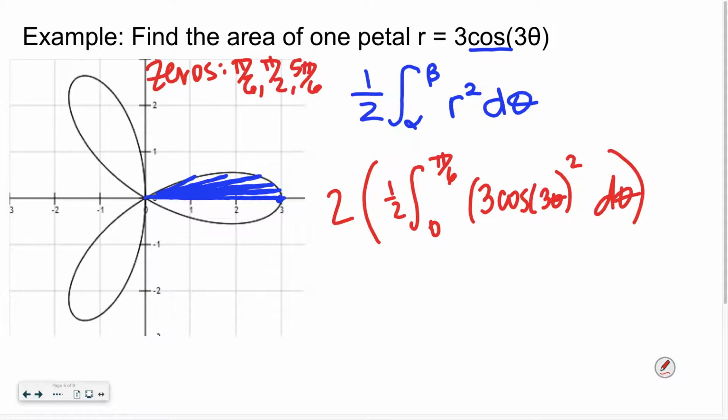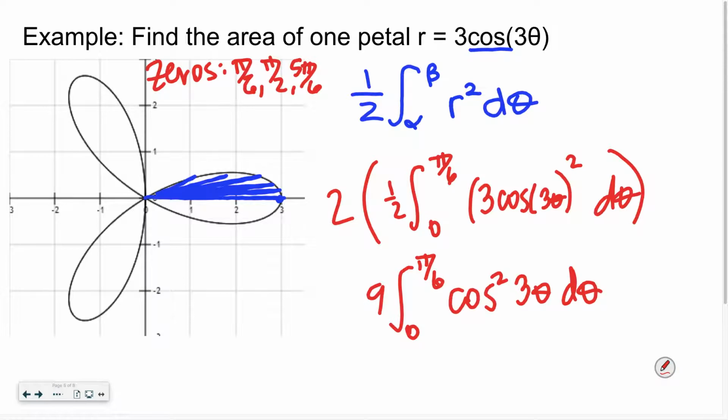So the 2 times 1/2 cancel out, and we end up with 9 cosine squared of 3 theta. Do you want the 9 inside or outside? Outside, because then we don't have to deal with 9/2. We just have to deal with 1/2.